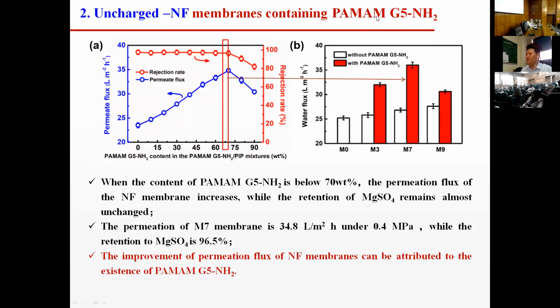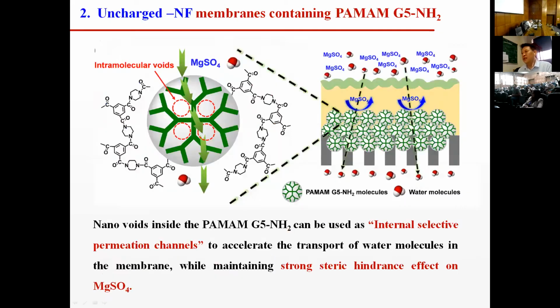If we use PAMAM to replace PIP as a monomer, the flux is improved very effectively. Why does the NF membrane have a higher flux? This is the mechanism. In this dendrimer, many pores can serve as water permeation channels inside the molecule.